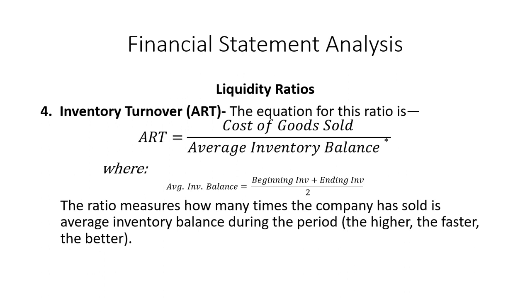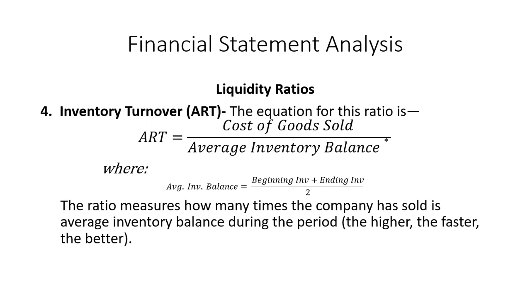This ratio measures how many times the company has sold its average inventory balance during this period, and the higher, the faster, the better. This is very important. This is inventory turnover, so I have to change it to IT. Okay, when I do the class, I'll change all these things. It should be IT. I didn't see that.